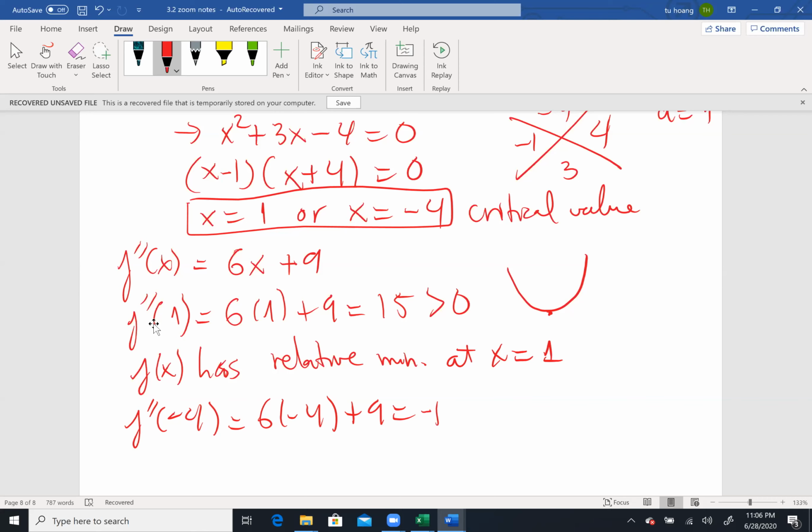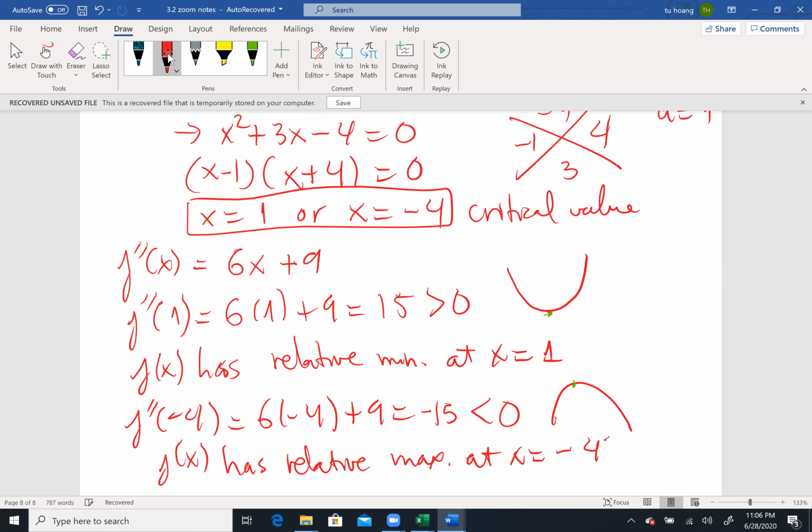So I'm gonna have a peak, a relative maximum at x equal to -4. Okay, so that's just a secondary test for the relative maximum and relative minimum.